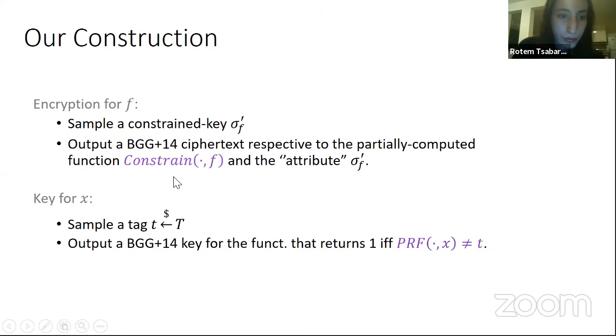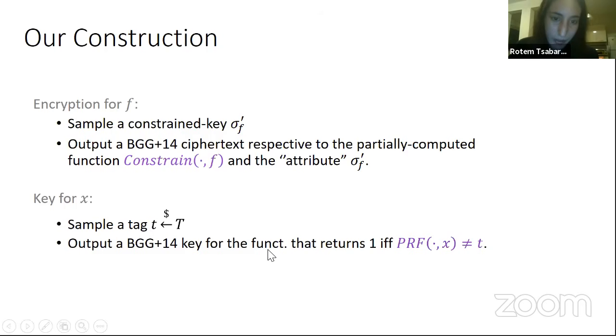Now, in order to generate a key for some attribute X, as in the abstract description, we first choose a random tag. We want the property that you can only decrypt if this X is authorized by the ciphertext policy, and the tag of the secret key is different than the tag of the ciphertext.